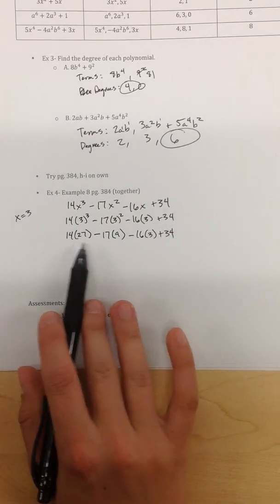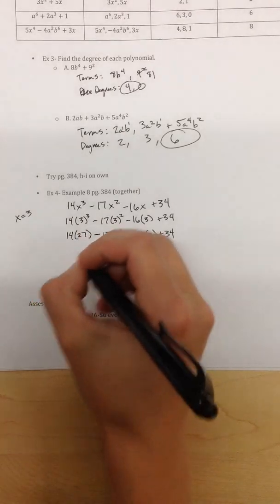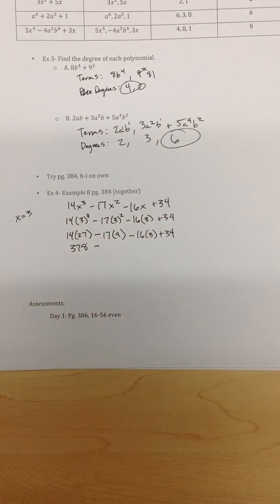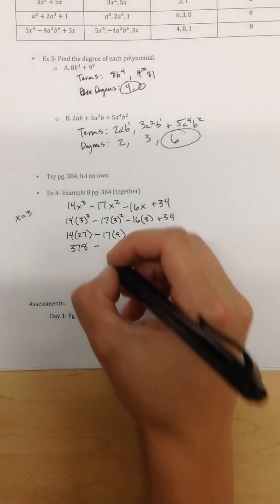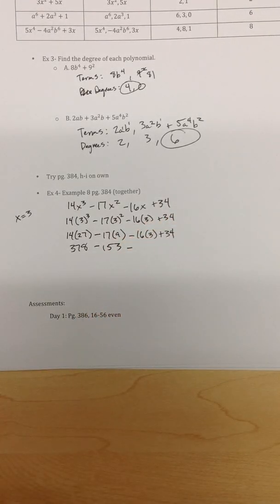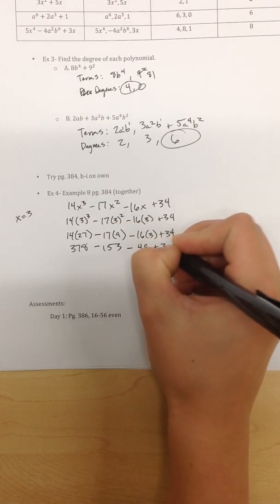So I'd do 14 times 27, which, let me grab my calculator. 14 times 27 is 378, minus 17 times 9, which is 153, minus 16 times 3, 48, plus 34.